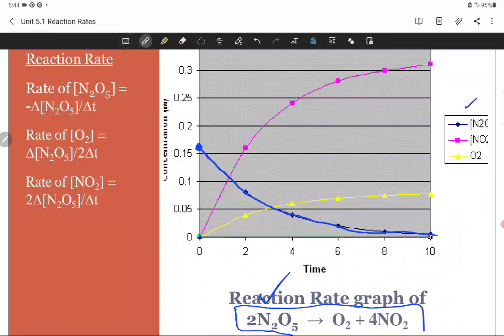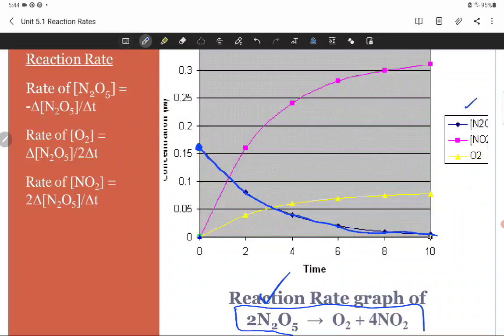Now that slope, I know it's a curve, but there'll be instantaneous slopes, there are tangents. If you look at those, the one I just outlined, it starts to level off over a period of time. That means as the reactant concentration goes down, the reaction proceeds at a slower rate.